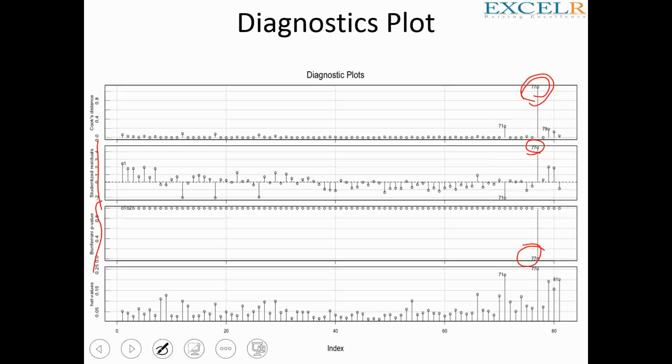And even if you look into your hat values, which are related to your predicted values, I feel that 77 is significant, also 71 and 81 to some extent. However, in Bonferroni, 71 and 81 do not seem to be significant. Only 71 is significant across, and also 71 to some extent here and here and here.